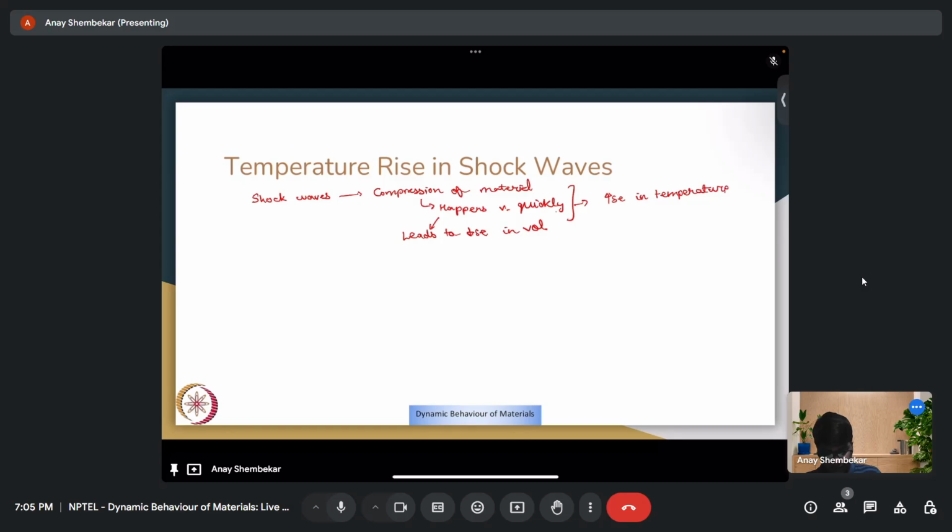Because the shock front is very thin, or the plateau that we have seen is usually short, we can assume this to be an adiabatic process, which means that there is no heat exchange with the neighboring particles or neighboring material.